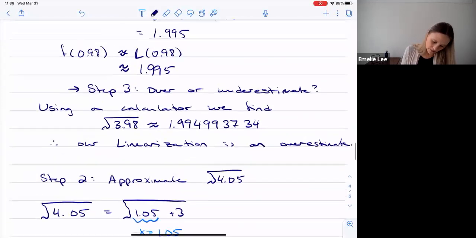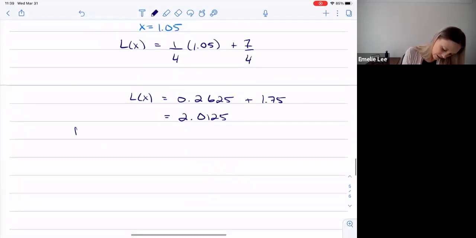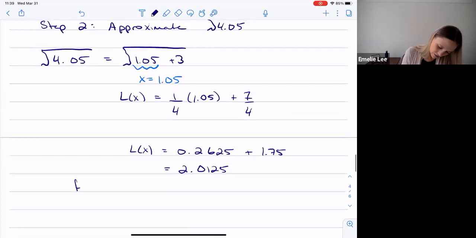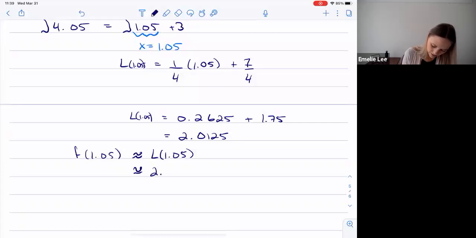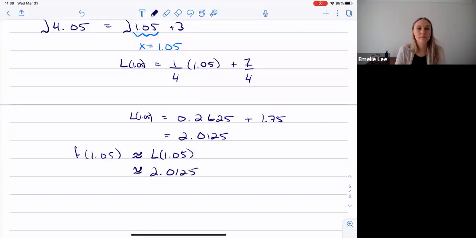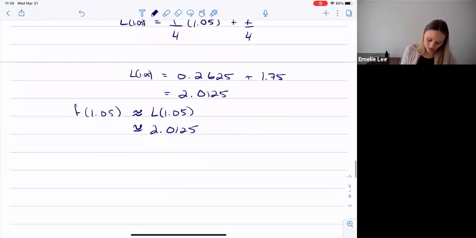And then following the same layout, f of 1.05 is roughly equal to L of 1.05. So it's approximated at 2.0125. Step 3 then, again, is to determine if we have an over or an underestimate.